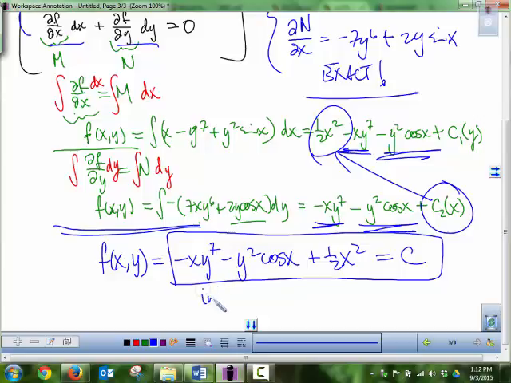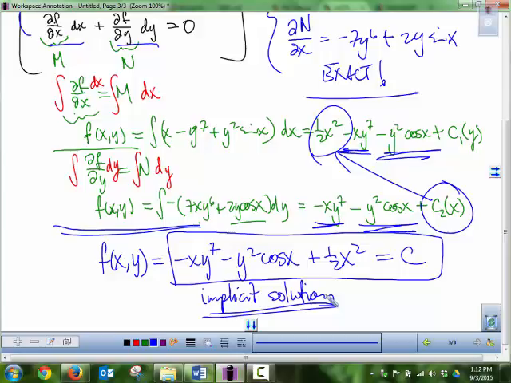This is your implicit solution, which means it's an equation with a y in it. If I graph this in a graphing program, I would see my curves. So that must be the solution. Okay?